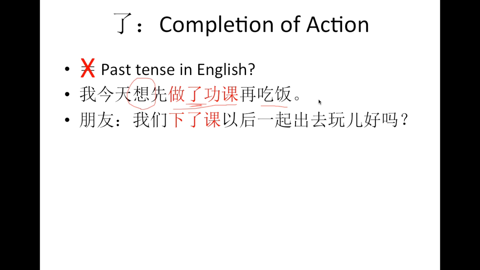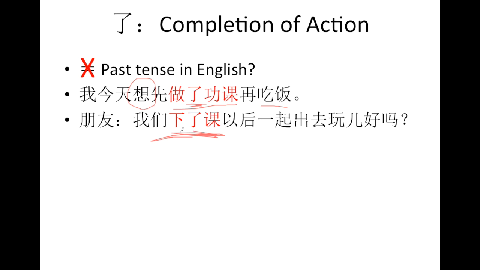Let's look at another example. 你的朋友问你，我们下了课以后一起出去玩好吗？This is an invitation from your friend asking you out. When do they like to hang out?